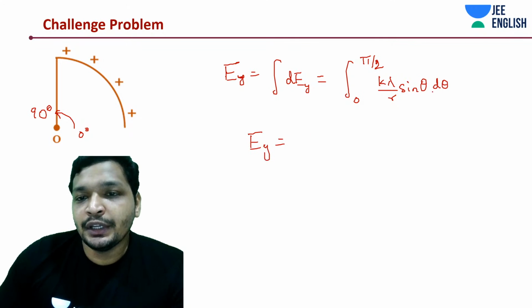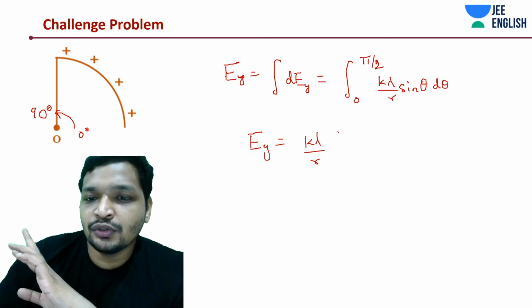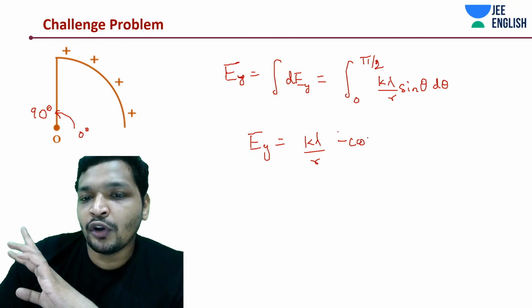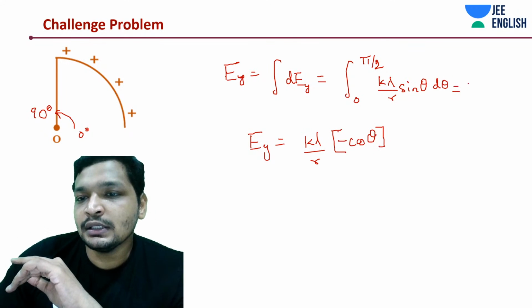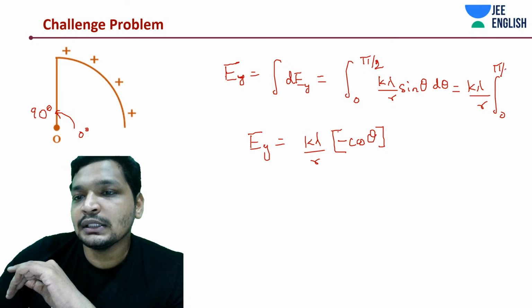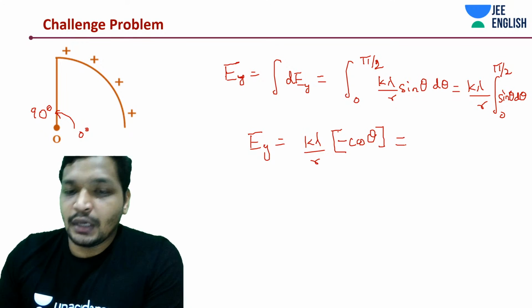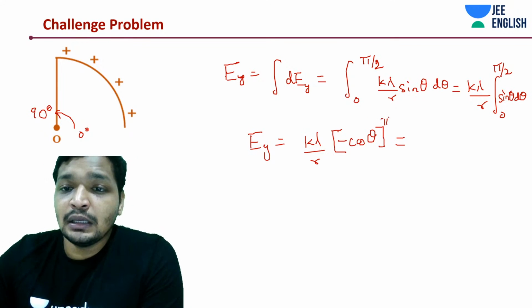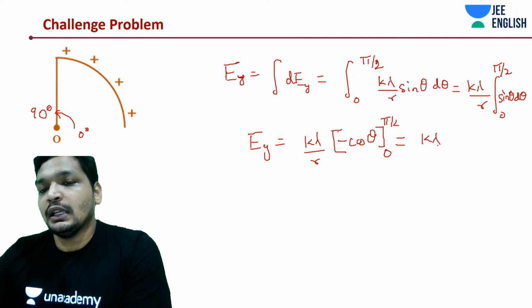Ey is, integrated, k lambda by r taken common, irrespective of theta, it's not going to vary. So this is going to be minus cos theta. Just integrate this part: minus cos theta differentiated gives sin theta. And now, what are the limits? 0 to pi by 2, it's going to be 1 again.